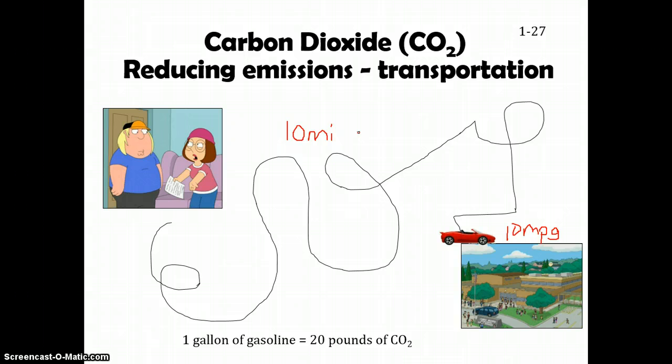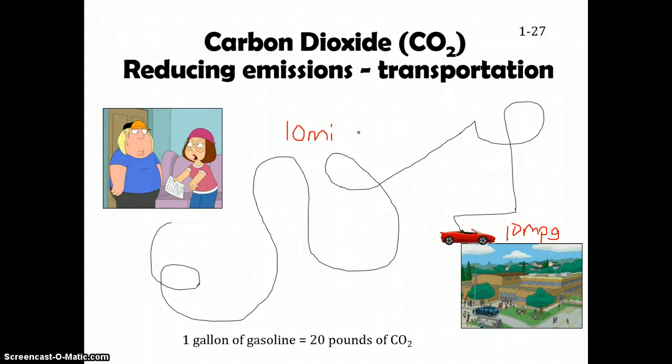If you go to the gym or you've ever been in a gym class, they usually have those really large round exercise balls. That's about 1 pound of carbon dioxide. So for every gallon of gas you're burning, you're releasing 20 exercise balls filled with carbon dioxide. So you're actually releasing a lot of carbon dioxide every single time you burn a gallon of gasoline.